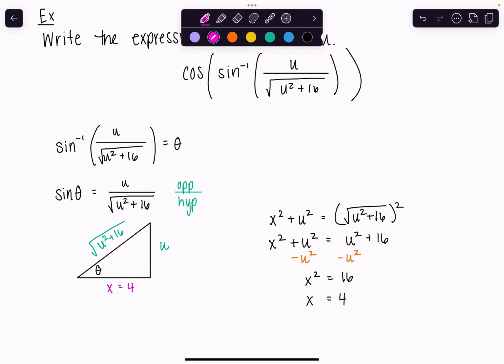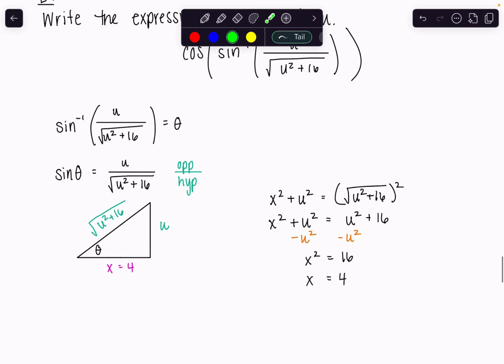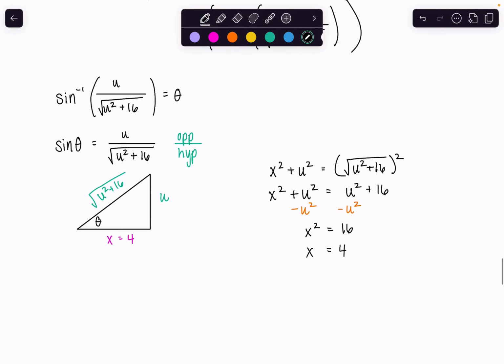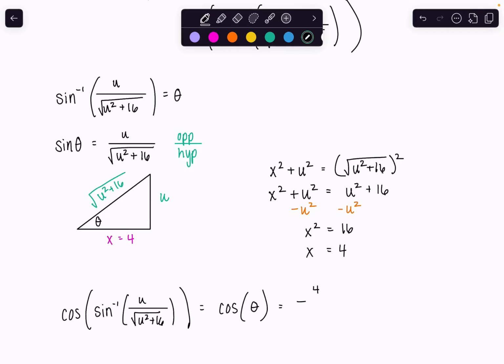If I now want to find cosine of this same angle, I'm just going to use adjacent over hypotenuse. So cosine of sine inverse of u over the square root of u squared plus 16 is the same thing as asking what is cosine of that same angle, which is my adjacent over my hypotenuse.